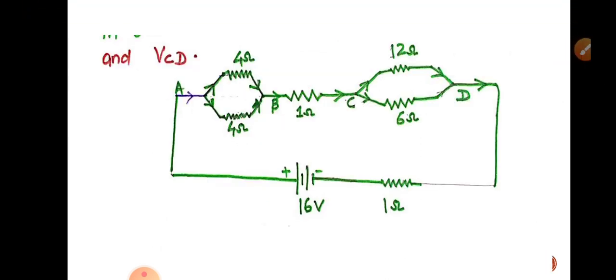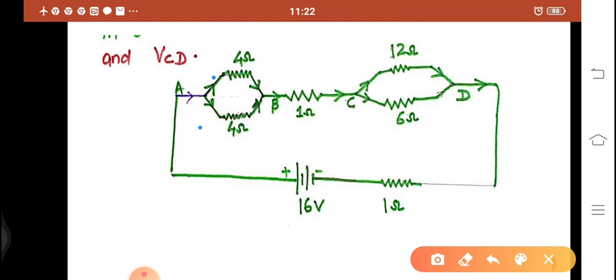But in this question it is asked to calculate the current in each arm. Now we have to calculate the current here, here, here, here and here. So total resistance is what? This is 2, 1 and this is 3, 4.